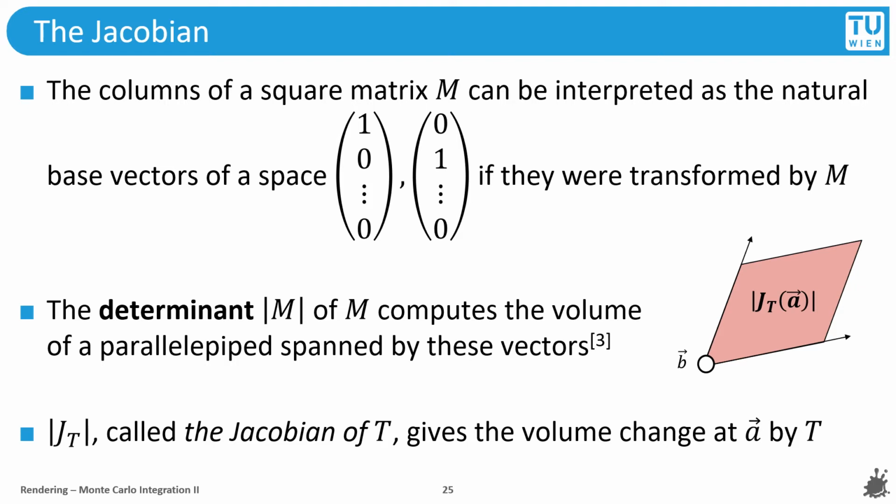So we are going to replace the term of change in range from earlier with the determinant of the Jacobian matrix, or the Jacobian of T for short. This gives us the change in volume of an infinitesimal hypercube at a multidimensional location if we transform it with transformation T. This is exactly what we have been looking for.